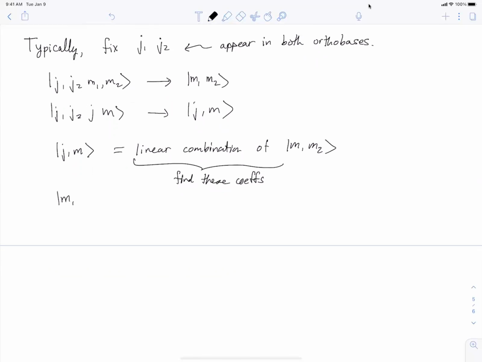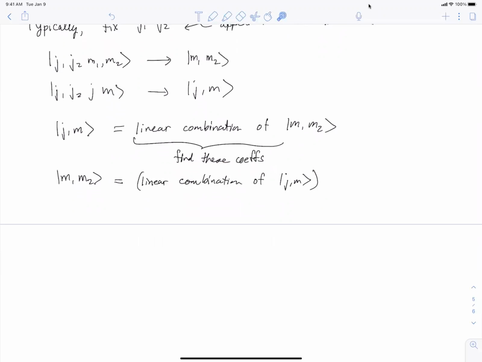So you can write M1, M2 as a linear combination of the total angular momentum basis kets. And it turns out the problem is very simple in the sense that if you know these coefficients, there's a very, very simple way to get these coefficients. So that's what we'll do.